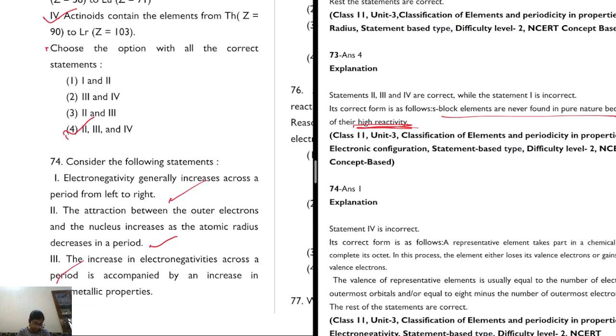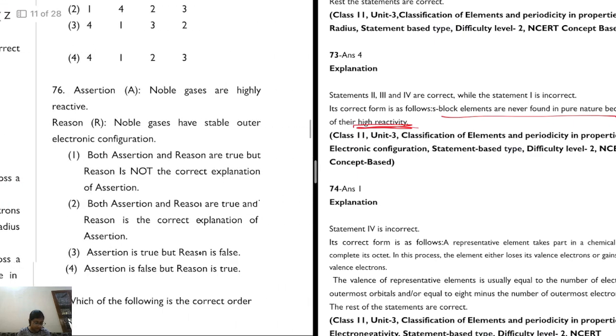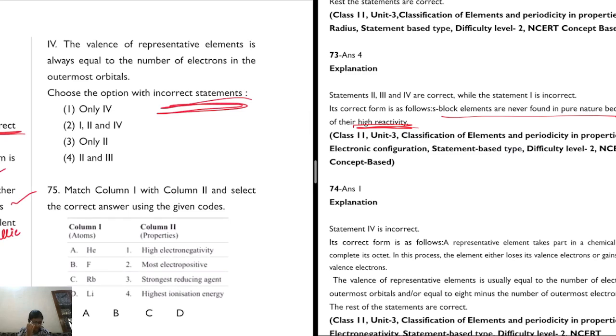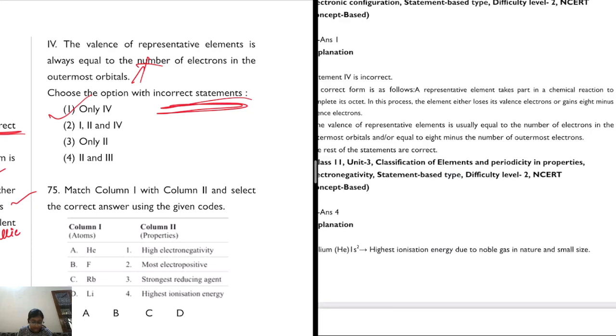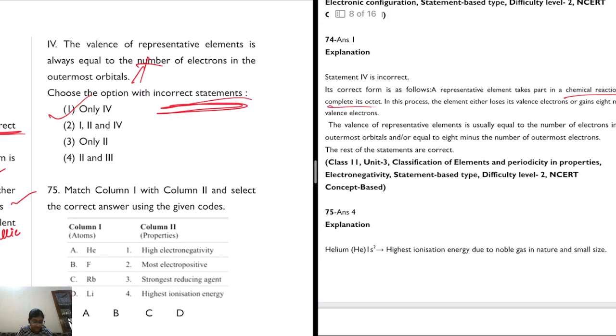Then the next is: the valence of a representative element is always equal to the number of electrons in the outermost orbital. See, this is wrong. Okay, so our answer would be only 4. Let's see why. Representative elements take part in a chemical reaction to complete their octet. Every element in nature needs stability.